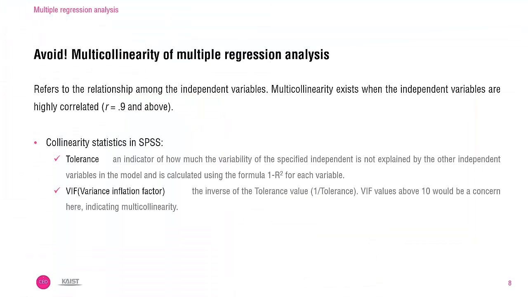In addition, one thing you should be aware of is to check the multicollinearity among variables. Multicollinearity is, in Korean, 다중공선성. It refers to the relationship among the independent variables. Multicollinearity exists when the independent variables are highly correlated.